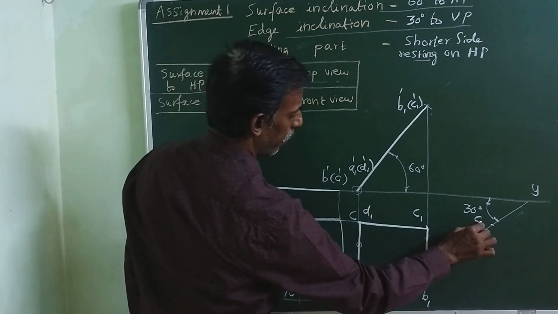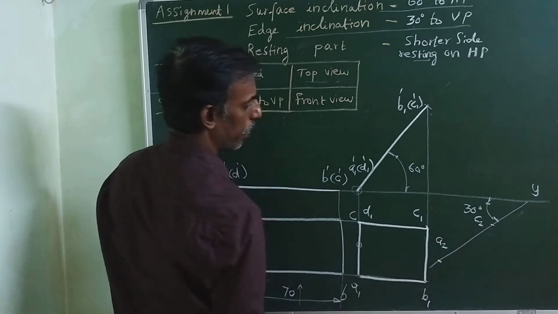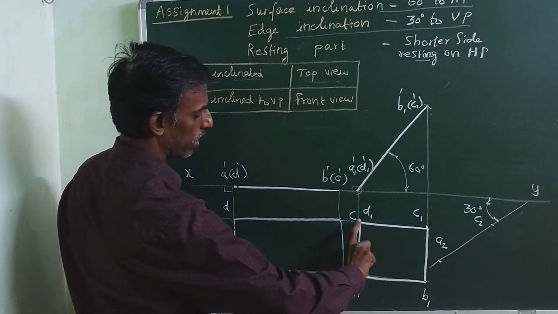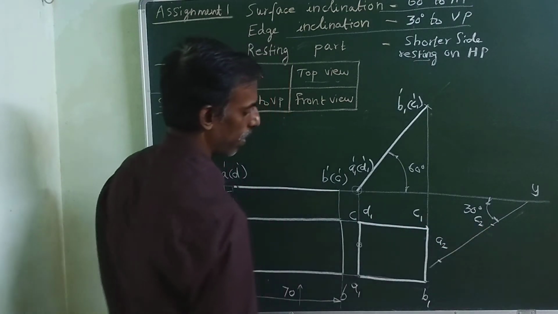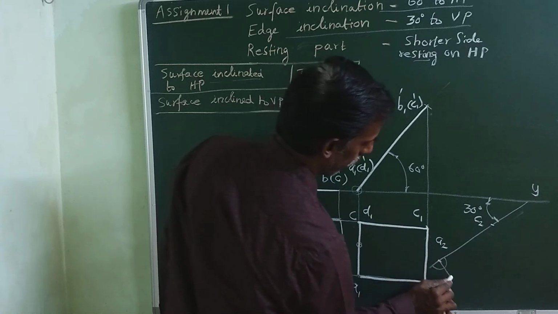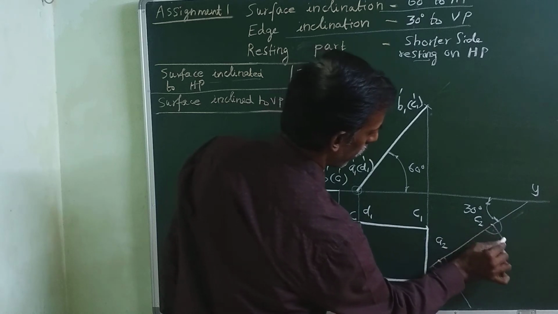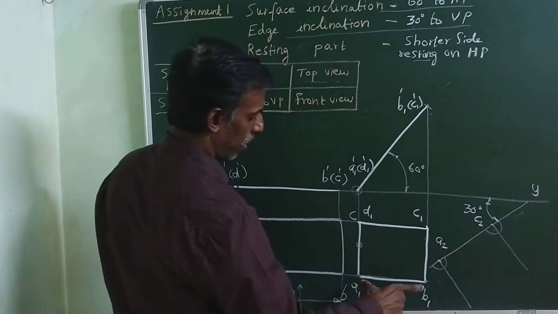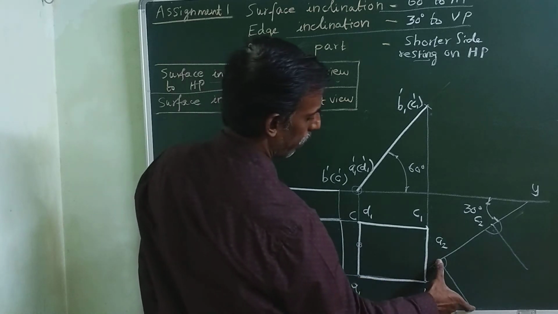So, this will be your C2 and A2. So measure this AC and transfer here. Now through this mark 90 degree and draw the perpendicular line. Through this mark 90 degree and draw the perpendicular line. Now measure A, B1 and transfer here.